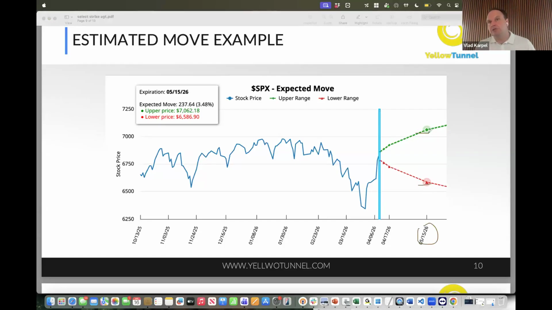But you can do this analysis. You can use 0 days till expiration. If you trade in 0 days till expiration, you can look at this analysis. Where's the SPX going to trade tomorrow, right? What is the range? You can look at the historical volatility to determine at what range the stock can move by tomorrow, by Friday, by May expiration, June expiration, any time frame you can select.